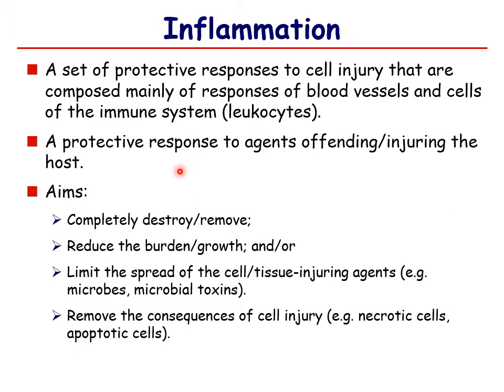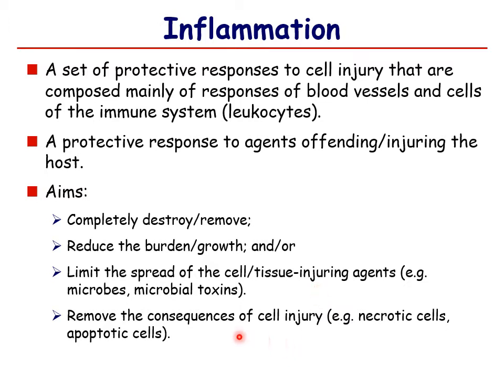Therefore, the aims of inflammatory responses are to completely destroy and remove the offending agent from the host, or if this cannot be done, then at least to reduce the burden and growth of the offending and injuring agents, as well as limit their spread.